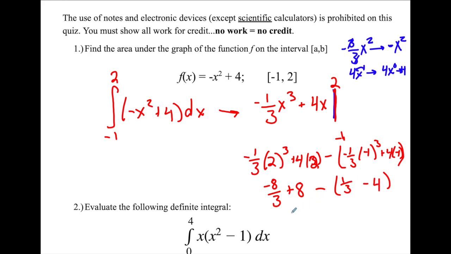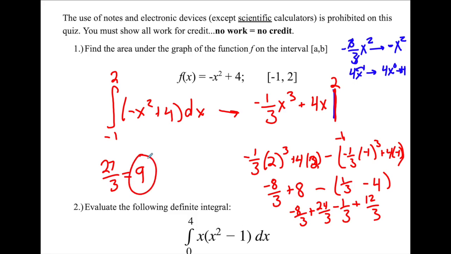All right, and then I can convert these to thirds, so it's 8/3 plus 24/3. Now this would be -1/3, and then minus -4 is plus 12/3. So 8 plus 24 is 32, minus 1 is 31, plus 12 is 27/3, which is equal to 9.